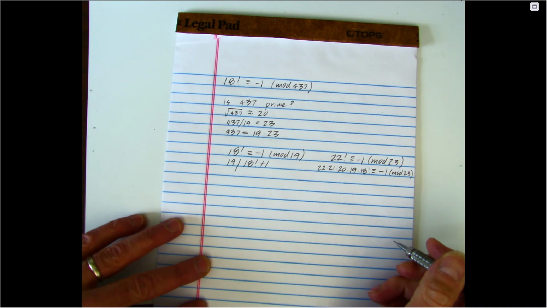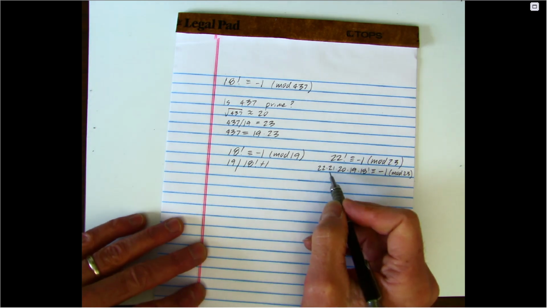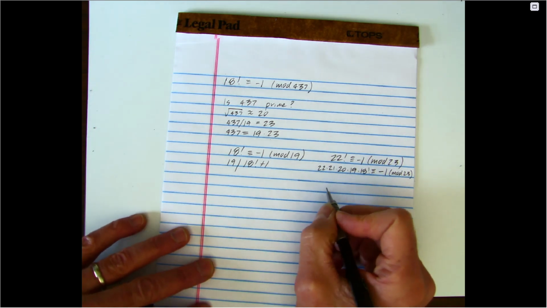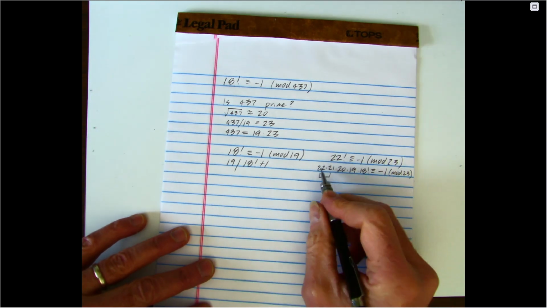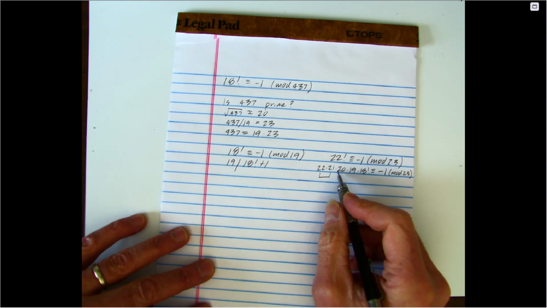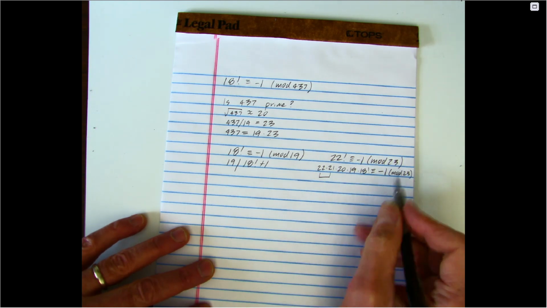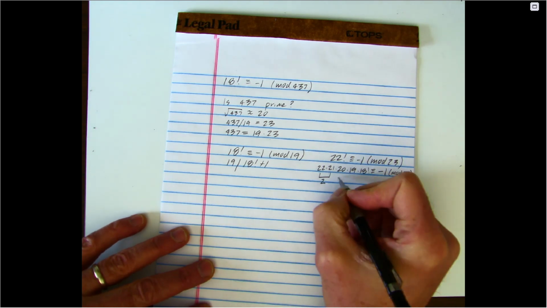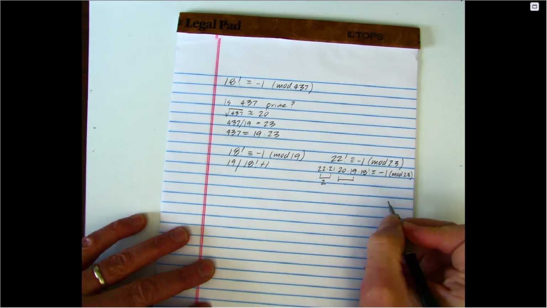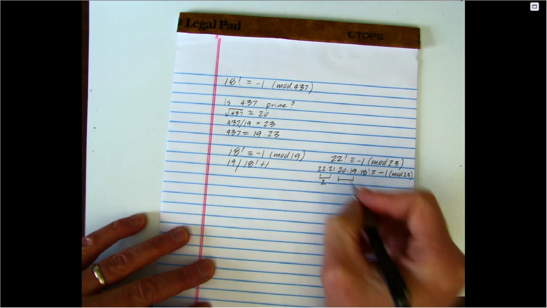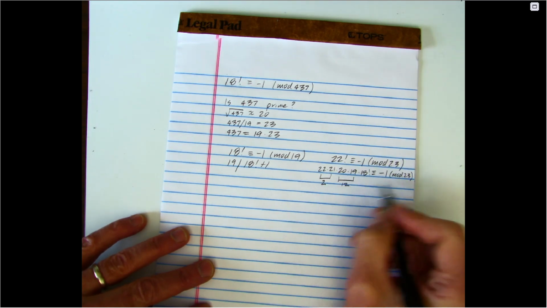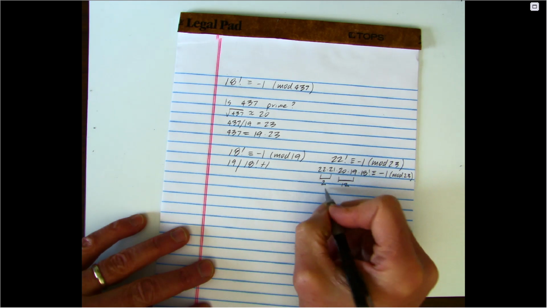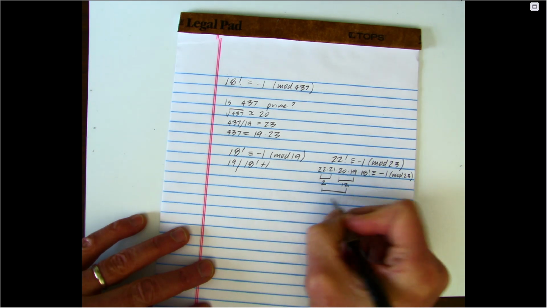So let's think about this. Then we could just reduce these modularly. You'll have to do a little work, but if you multiply 22 times 21 and then reduce it mod 23, you'll get 2. And if you multiply 20 and 19 together and then reduce mod 23, you'll get 12. That works out nicely because 12 times 2 is 24, and so that's just a 1.